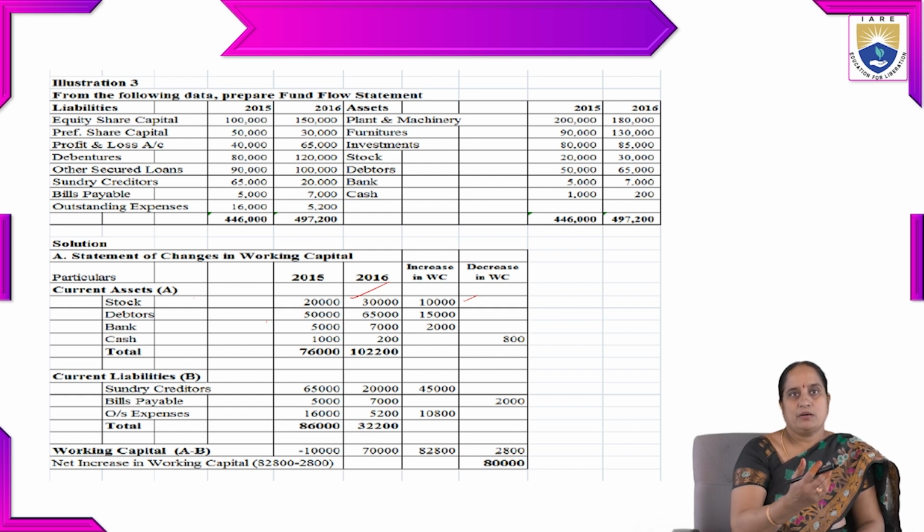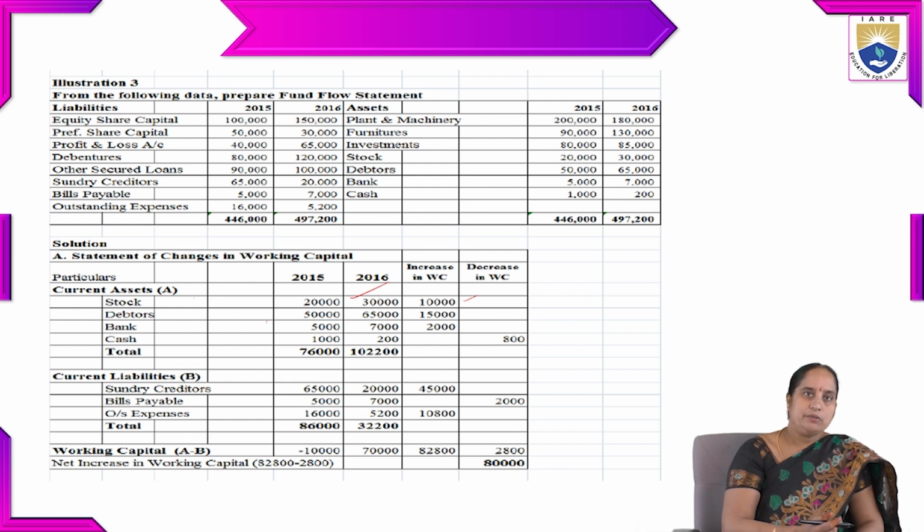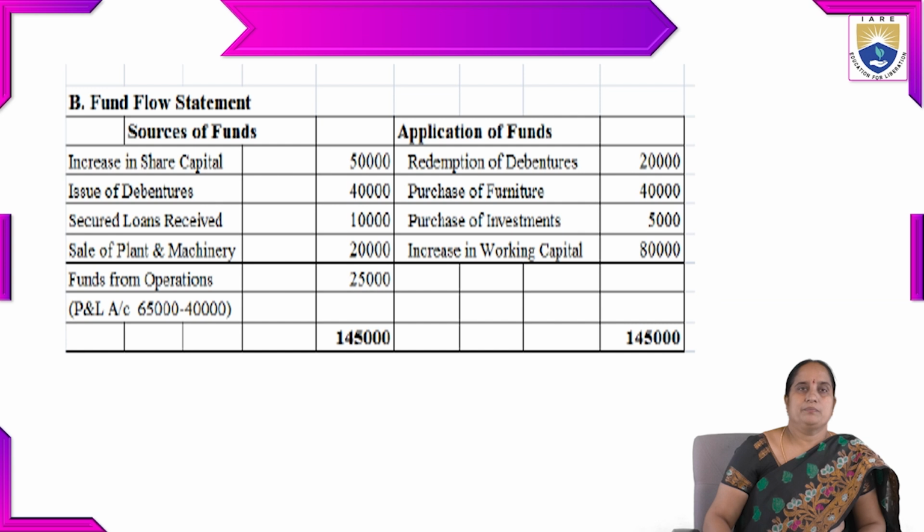In the same way, current liabilities. We are given sundry creditors, bills payable, outstanding expenses. Then find out the working capital, A minus B. So the net increase in working capital is 82,800 to 2,800. So there is an increase in working capital.